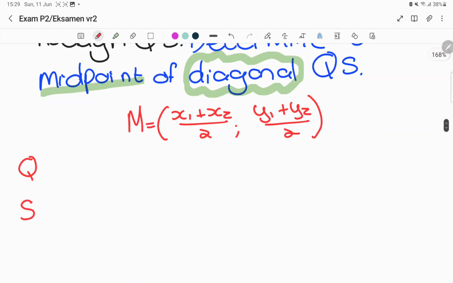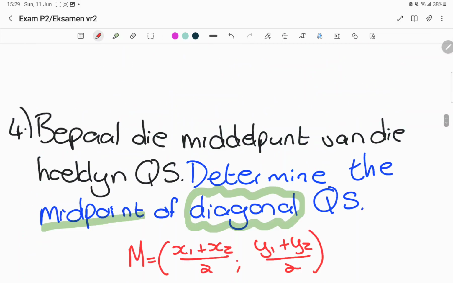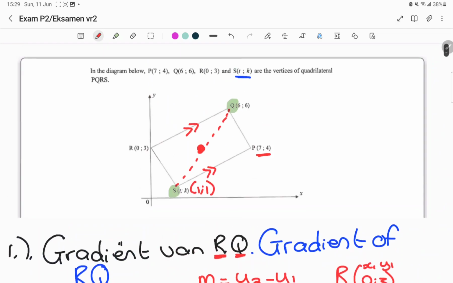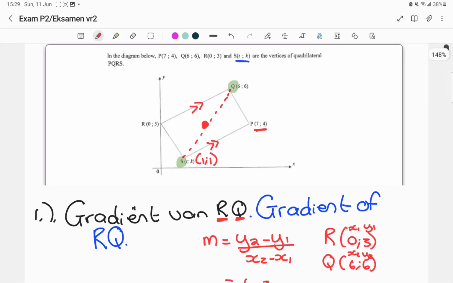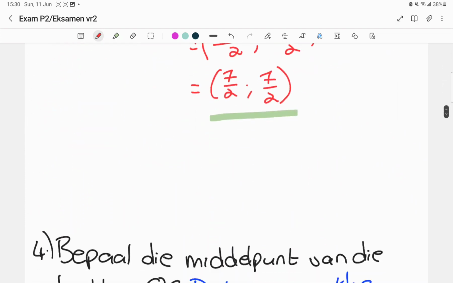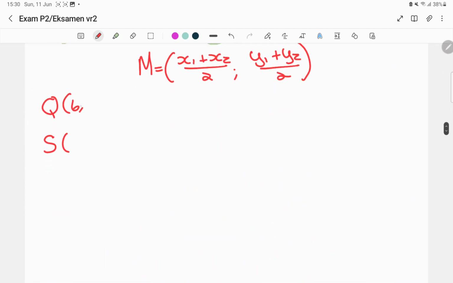Alright, so we're going to work out the midpoint of Q and S. So we need the coordinates of Q, and the coordinate of Q is 6, 6, and the coordinate of S is 1, 1. So it is 6, 6, and 1, 1. Alright, so let's say this is my x1, y1, x2, y2.